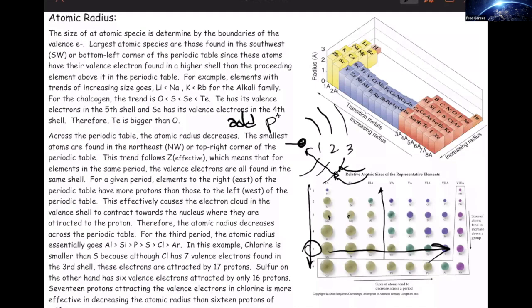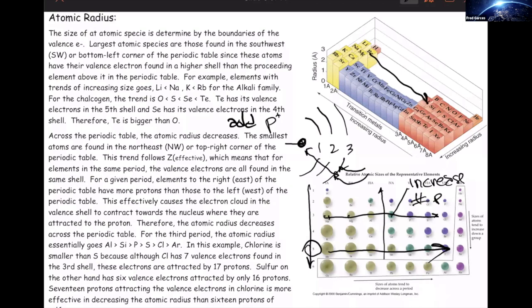It's going to attract those electrons to a tighter degree. And that's exactly what's going on here. We're increasing the number of protons, and as we increase the number of protons, because the electrons are all in the same shell, they're going to be attracted to a greater degree. And that's why, as we march across, this is another perspective, the atom becomes smaller.